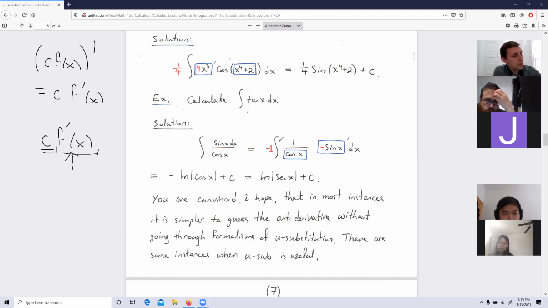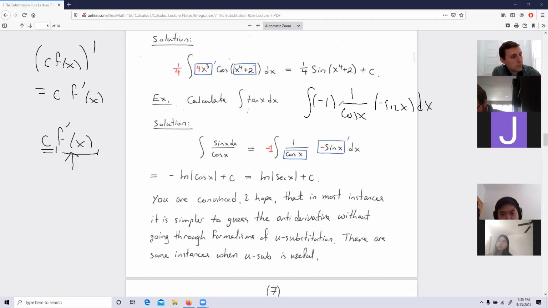So that means that this was -1. I could have written it like this. I could have written -1 over cosine x minus sine x dx. Yes? I could have written this.